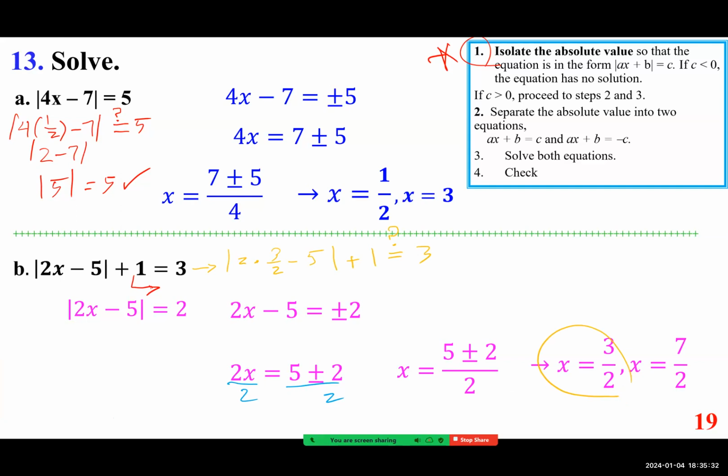So the left side, we should finish the job and check to see if it gives us 3. So these two cancel each other. Okay, so we have 3 minus 5, which gives us negative 2. In an absolute value, when you drop it, it becomes positive 2, plus 1 becomes 3, and it checks. So again, I suggest you check the next one.